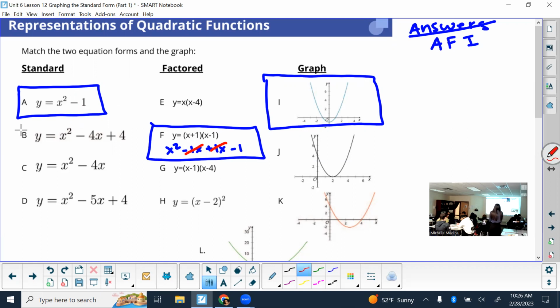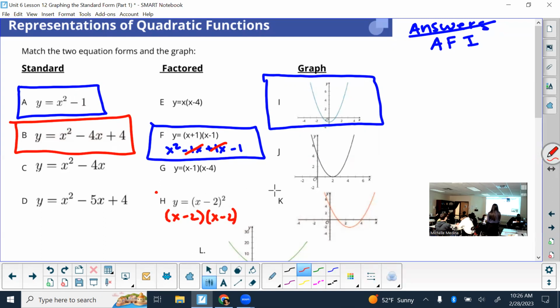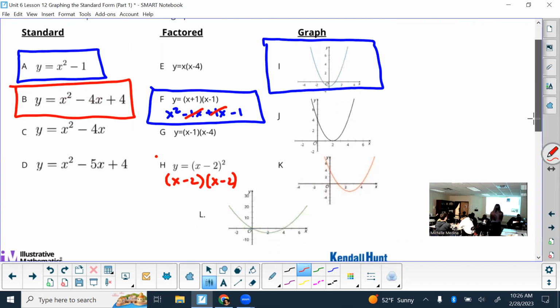Now, which one matches B for the factored form? Okay, someone said H. Anyone disagree with that? So let's see, for this one, you would have to expand it first before you multiply them. Don't distribute the exponent, please.